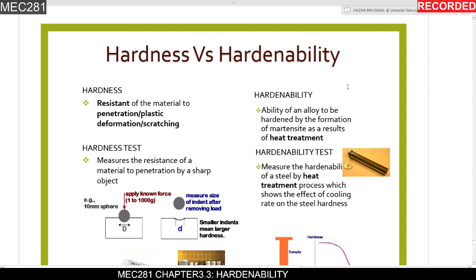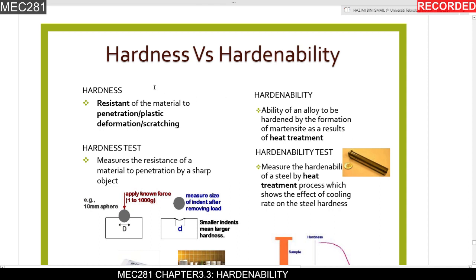Quenching process. So hardness here is also a measurement, but it measures the resistance of the material to penetration or plastic deformation or scratching. Hardness here, what we know is kekerasan, how hard it is. But hardenability is a measurement of how much it can become hard by using heat treatment.